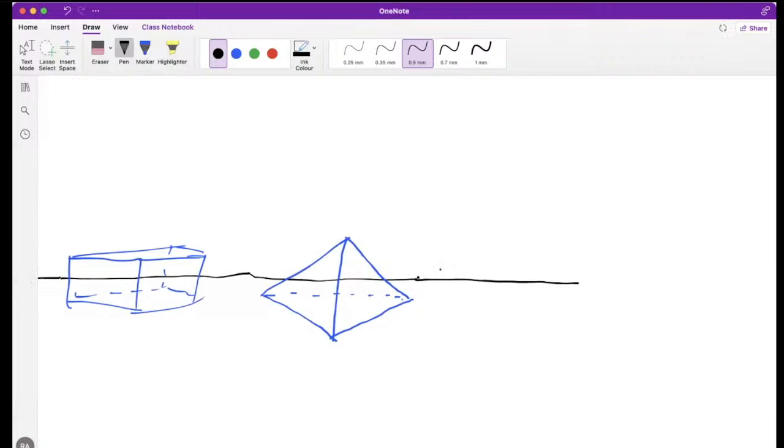For example, what if you have a solid, let's say this solid is a cylinder, and the weight distribution of the cylinder is not uniform?